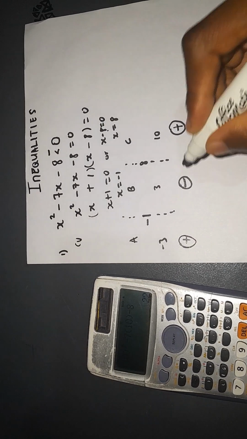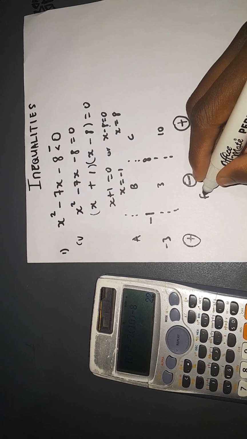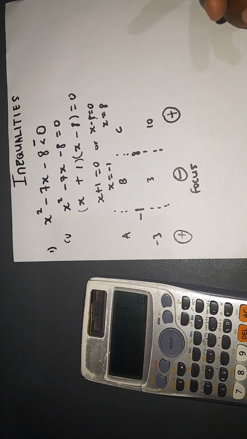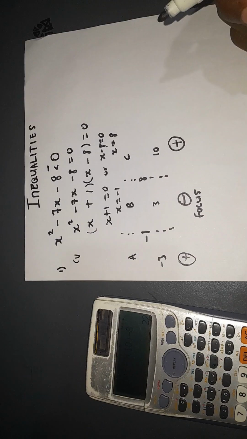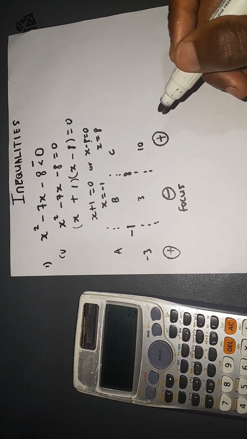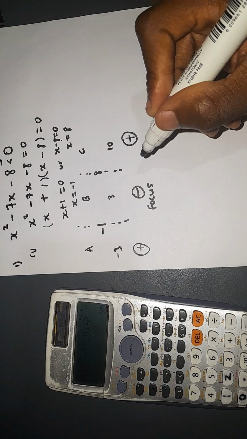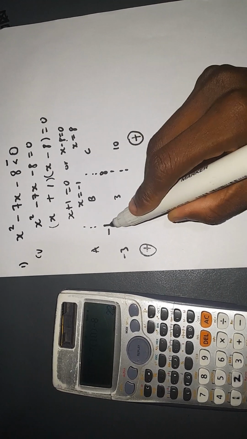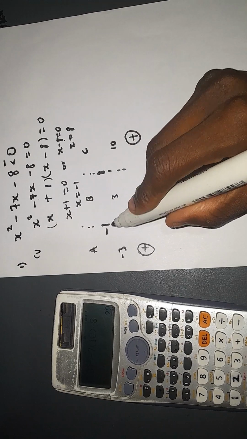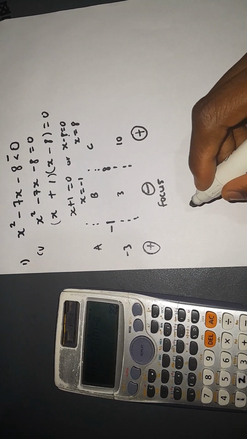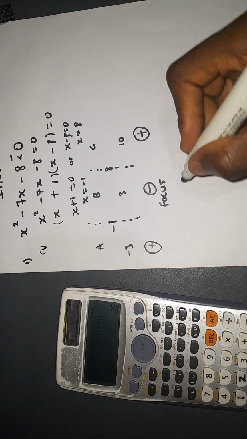This portion at B. So now our main focus will be on this middle portion. How do we then do this? We now know that our values, our factors, are in between these numbers, in between -1 and 8. So how do we do it in terms of the factors?